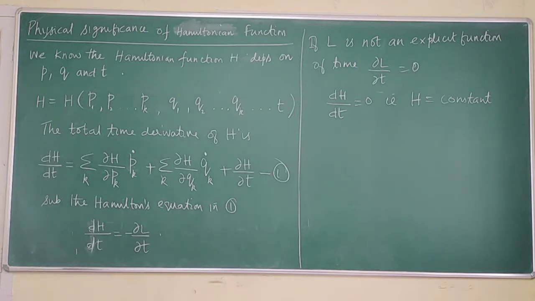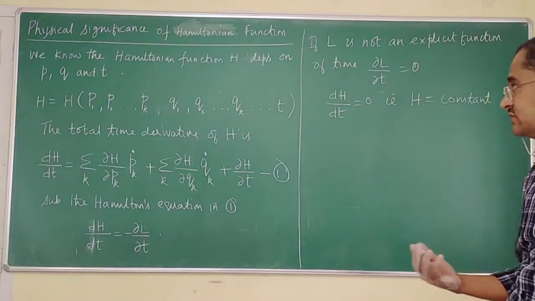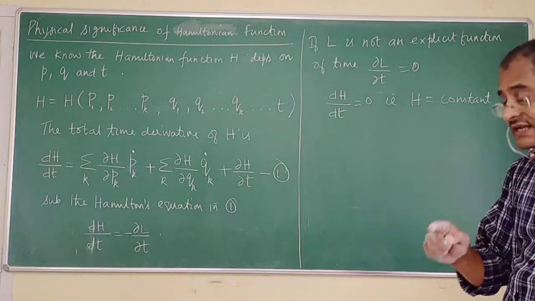Thus, we may state from this that if the Lagrangian L is not an explicit function of time, then the Hamiltonian is a constant. I suppose you are able to understand what I am trying to tell you. I am repeating it.